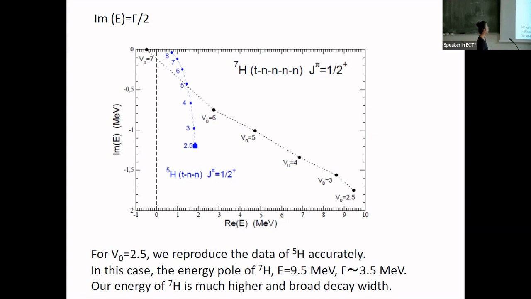So in this case, our energy of hydrogen 7 is much higher with a broad decay width. However, if we have a large value of V0, then the energy quickly becomes smaller. And if we have 7 MeV for the three-body force, then we can get a bound state of hydrogen 7.